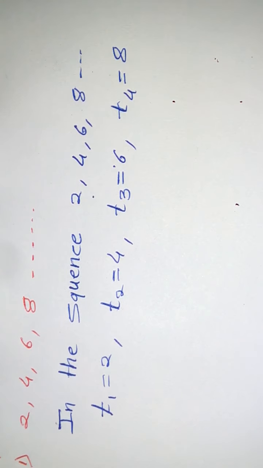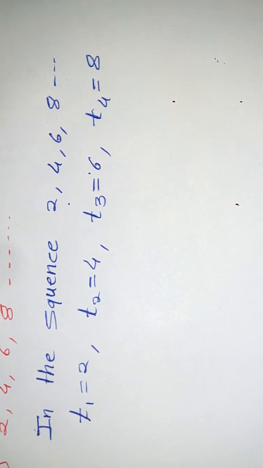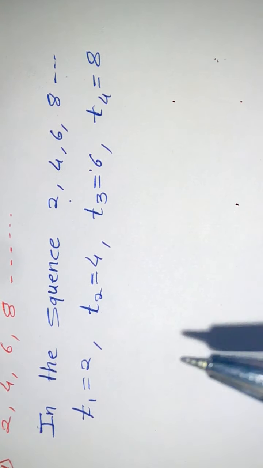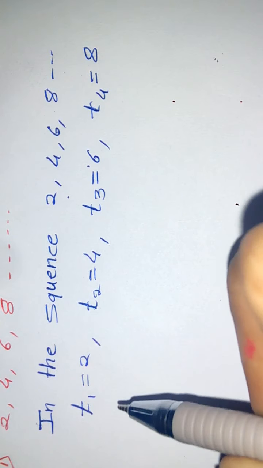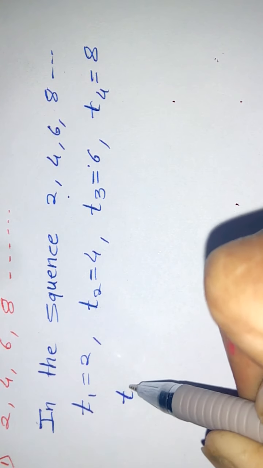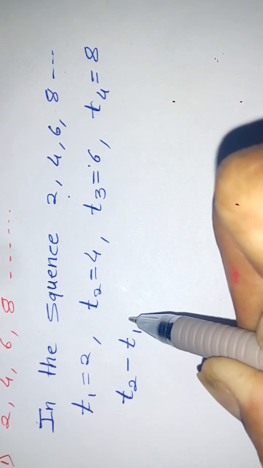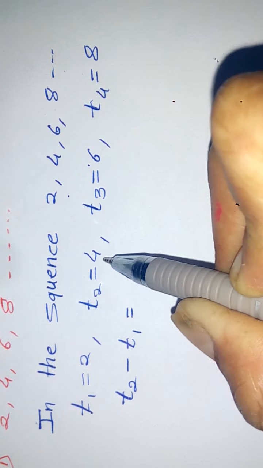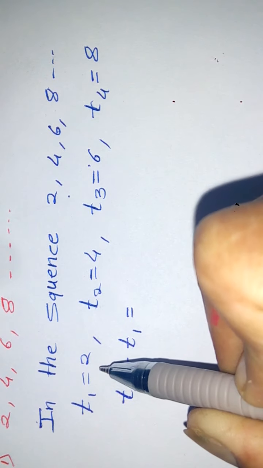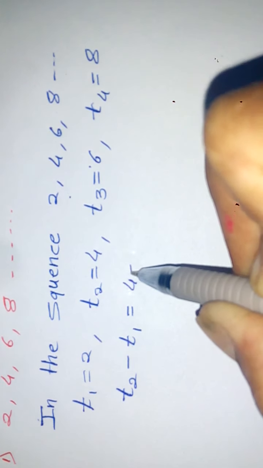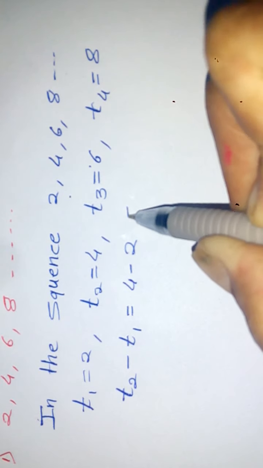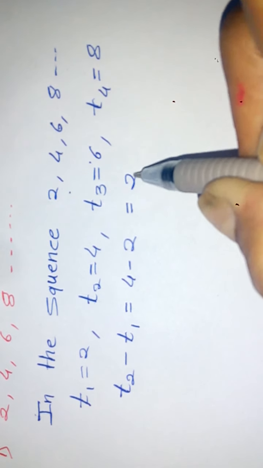Now first find the difference between two terms. First find T2 minus T1. T2 is 4, T1 is 2. 4 minus 2 is equal to 2.